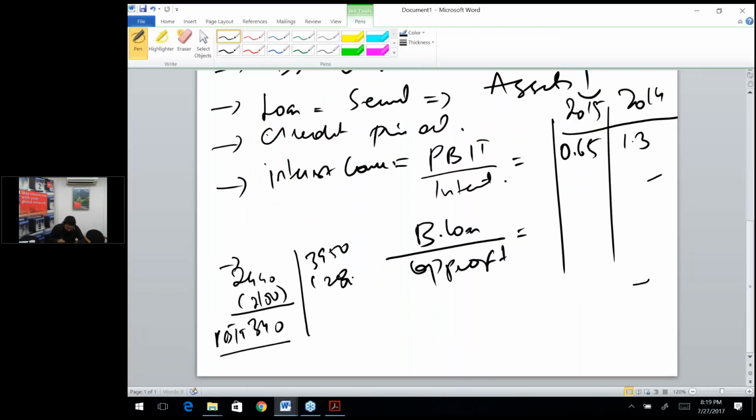So that's what you need to use. Please use the correct values. 2.3. And what about the bank loan to that ratio?